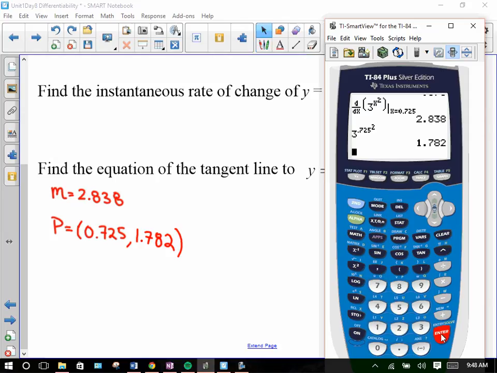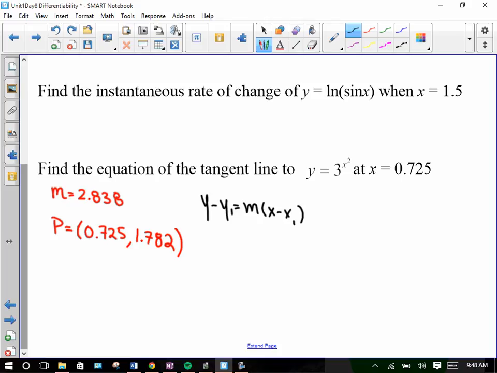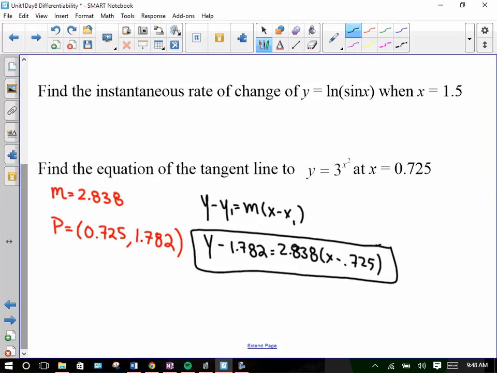And at that point, we use the formula y minus y1 equals m times x minus x1. So that's going to be y minus 1.782 equals 2.838 times x minus 0.725, and that is the equation for our tangent line at the x value 0.725.